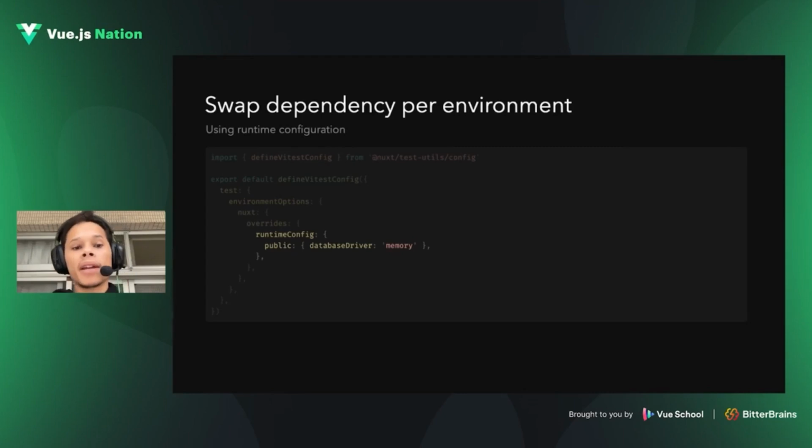And then my plugin will use that value to instantiate a different driver, and all my tests will run with a different dependency. So in our example, I could have the memory driver to run tests with an in-memory database locally. I could run the test with the Firebase implementation, say in a staging environment, and I could still have my app running with a Supabase database implementation in production.